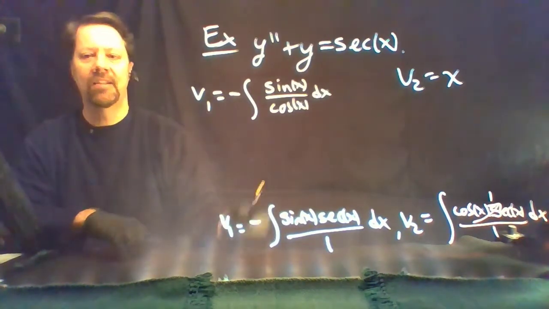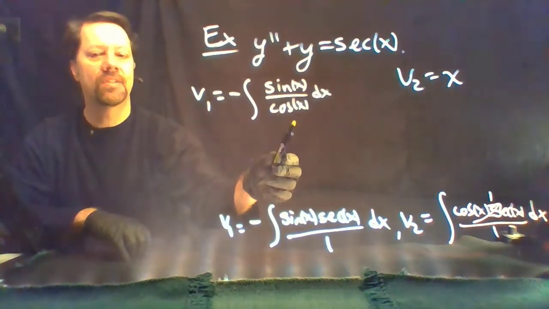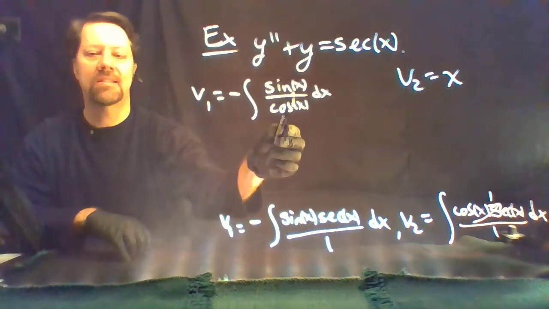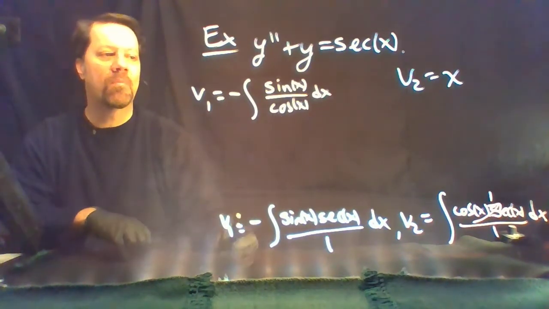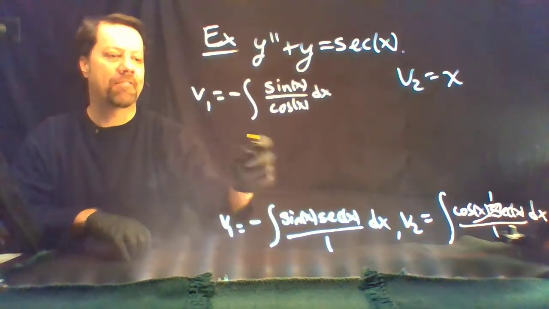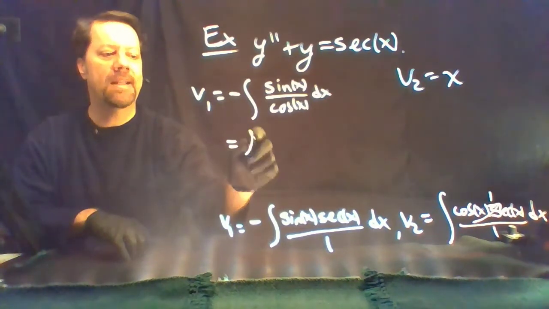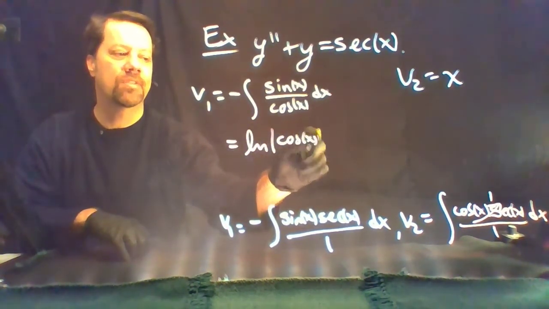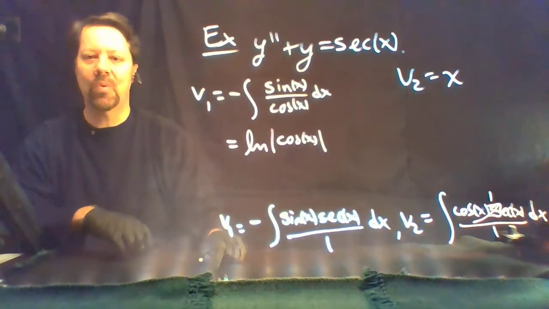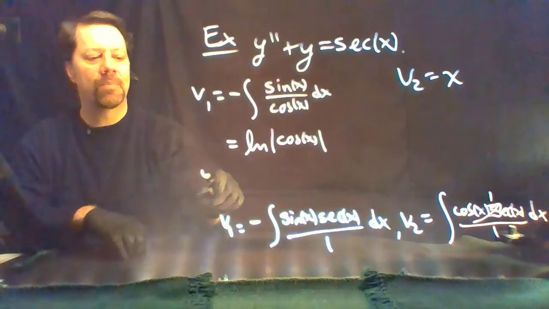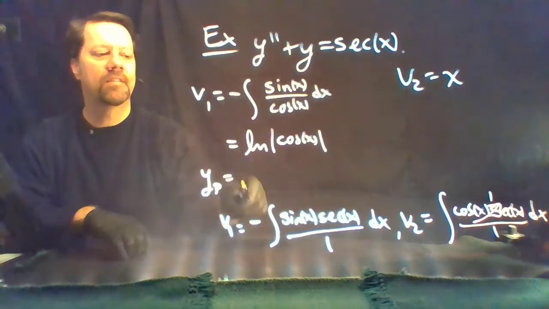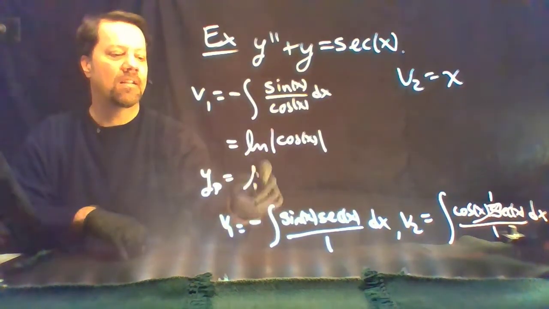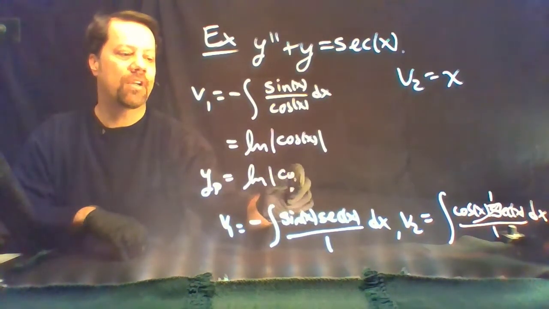Notice that the derivative of cosine x is minus sine x. This is in the form f prime over f. It follows immediately that we get the natural log of the absolute value of cosine of x, where the plus c we ignore.